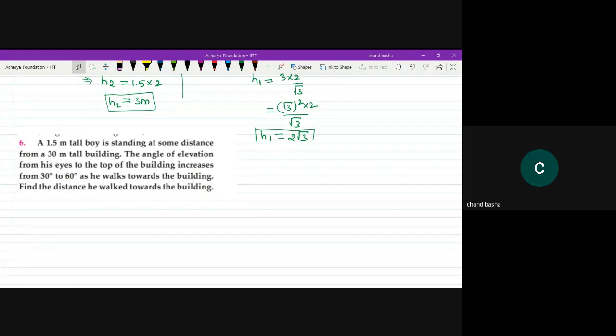Yeah, the distance between the 2 points, the starting position and the point where he stopped. The person starts at a position where he is standing and then walks towards the building. At one particular point, he stopped walking. What is the distance from the initial point to the final point where he stopped? Can I tell, sir? How much are you getting? 19 root 3, sir.